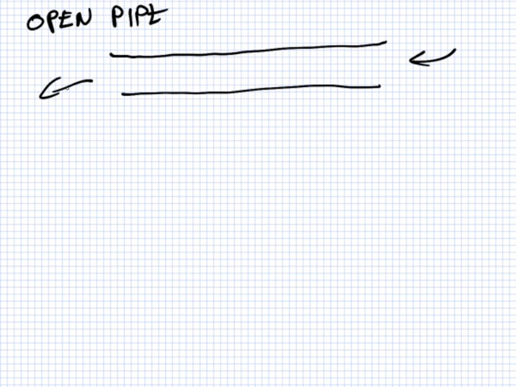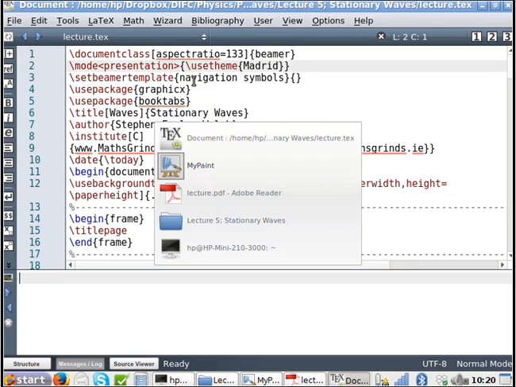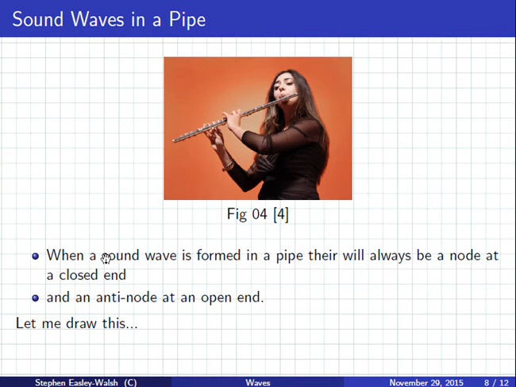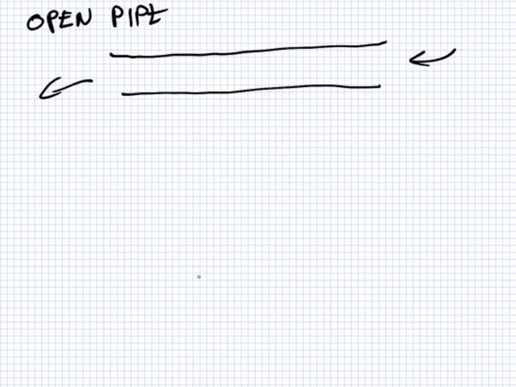I didn't draw it so well, but you get the idea. From node to node or antinode to antinode. So in other words, the distance from node to node or antinode to antinode is equal to half the wavelength.